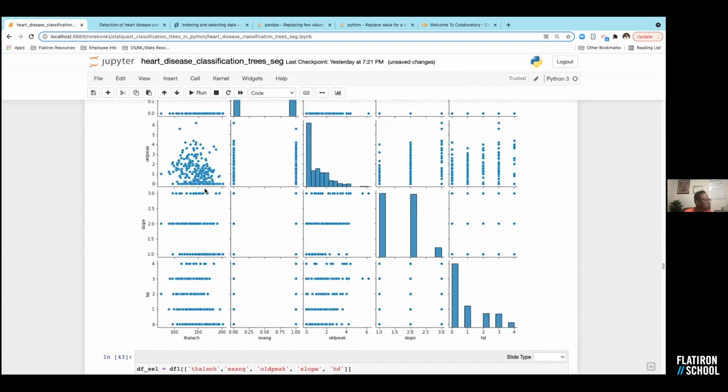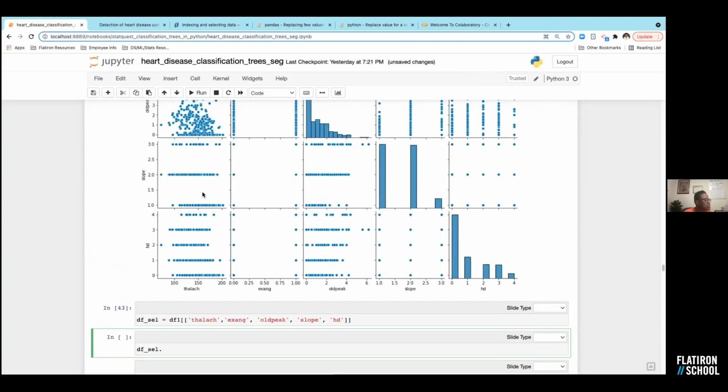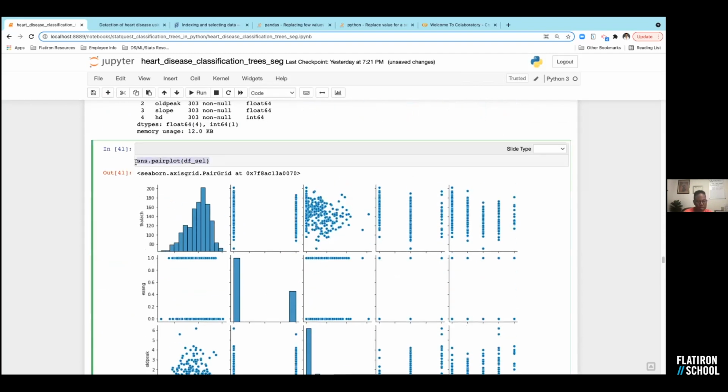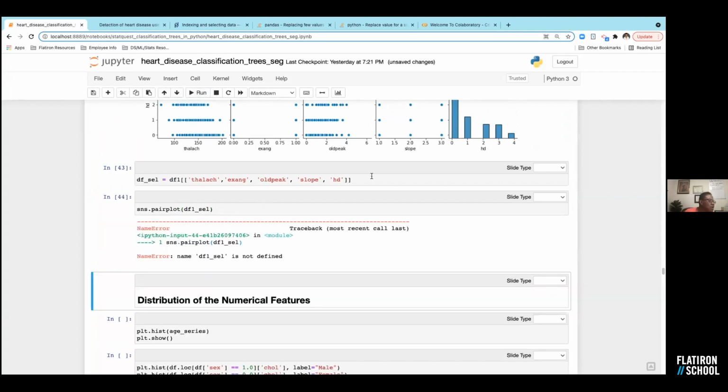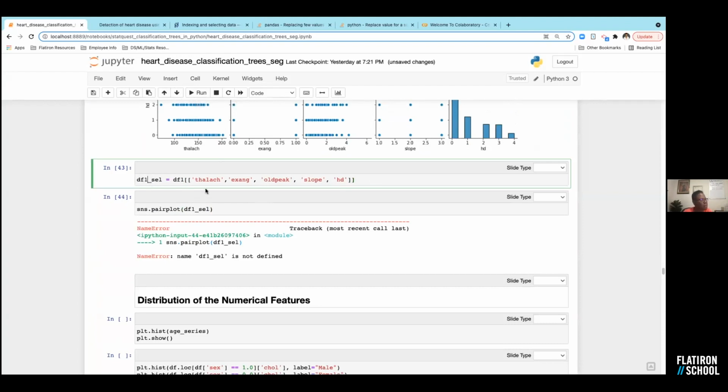see, what did I do here? We generated the pair plot. That's one of the things we learned. Oh, no, I didn't need to do that. To save time from typing, you just copy and paste and make the minor changes that are required. Oh, I did not run this cell, so I have to run this first. Is that what I want to do?